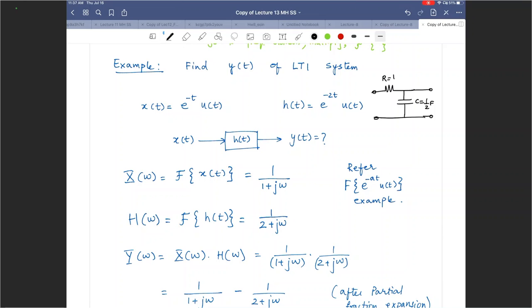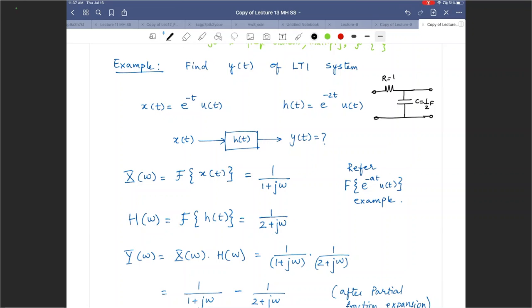So I just chose an RC. I could have chosen R as half ohm and C as 1 farad. But I think choosing a smaller capacitor is a little bit more practical than 1 farad. So I at least reduce the insanity by half. So I have a half farad capacitor and a 1 ohm resistor.